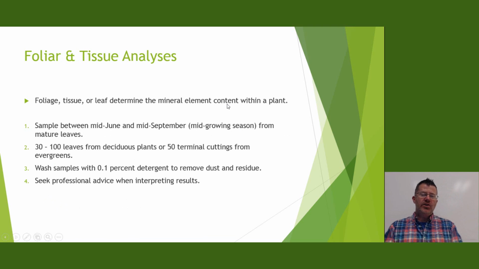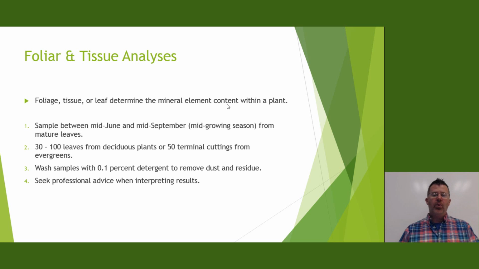Foliar and tissue analysis. Foliage, tissue, or leaf analysis determines the mineral element content within the plant. Sample between mid-June and mid-September, which is the mid-growing season for most plants. You need to collect from mature leaves. You need to take 30 to 100 leaves from evergreens, or 130 leaves from deciduous plants, or 50 terminal cuttings from evergreens.